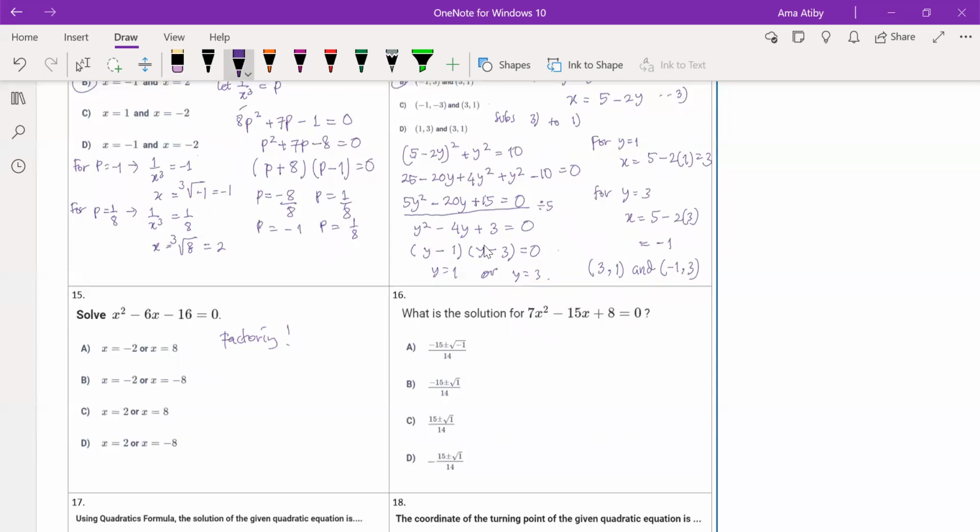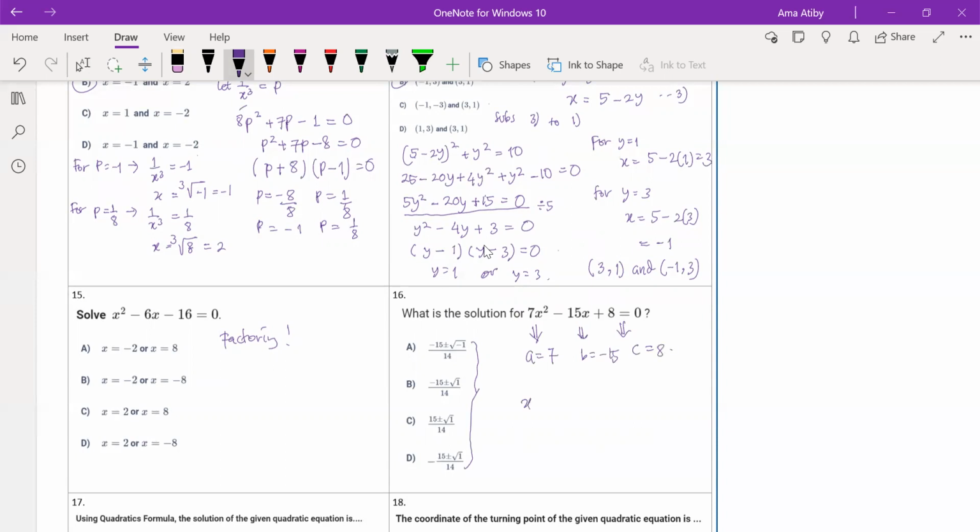For this one, if you look at the solution like this, it means you have to use the formula or completing the square. Which one is easier for you? I believe working with the formula is much easier. Just figure out that A here is 7, B is -15, and C is 8.